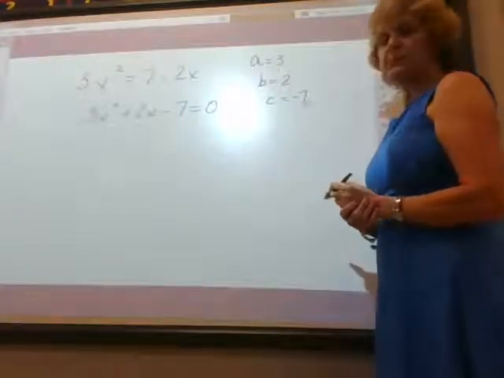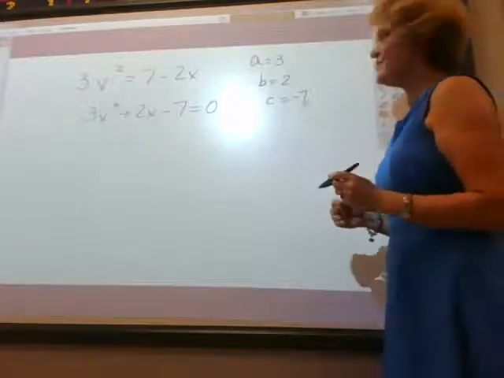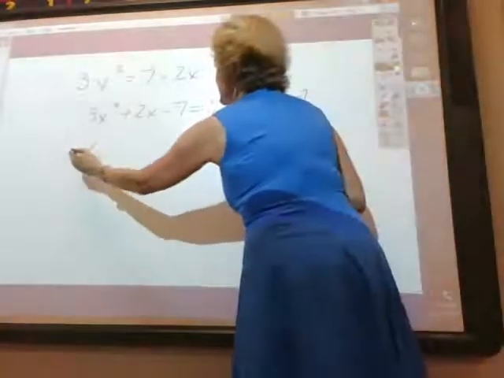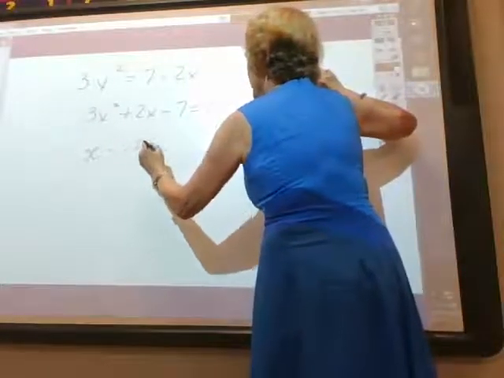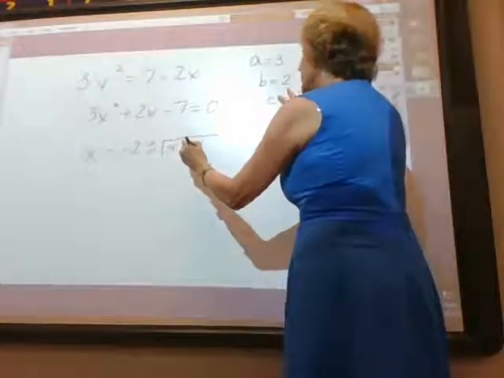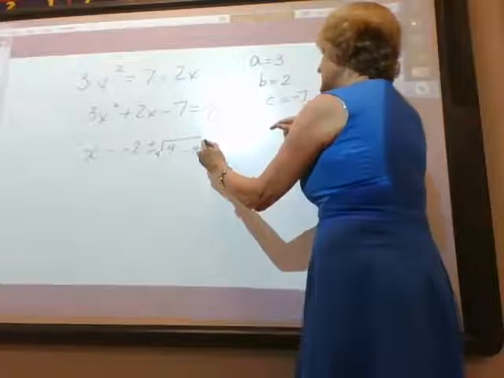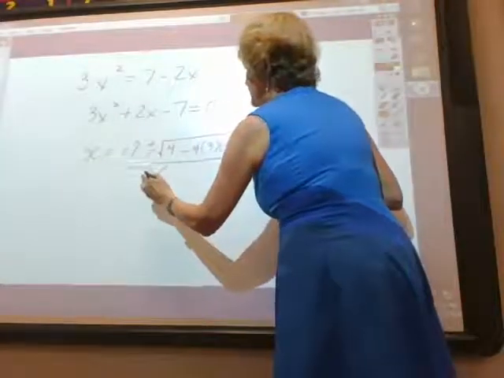All right, so I'm not going to try trial and error. I'm going to go straight to the quadratic formula. So x is equal to the opposite of b plus or minus the square root of b squared minus 4 times a times c, and that's over 2 times a.